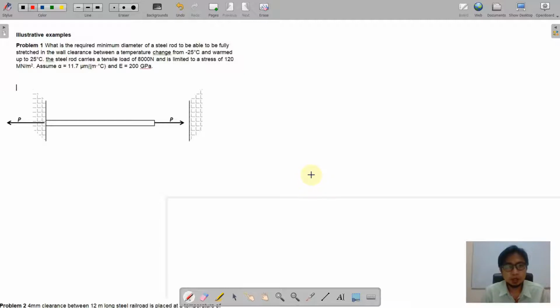When we have a heating up, or a temperature increase, that would mean a stretch on the material, and a cool down would cause a contraction of the material.